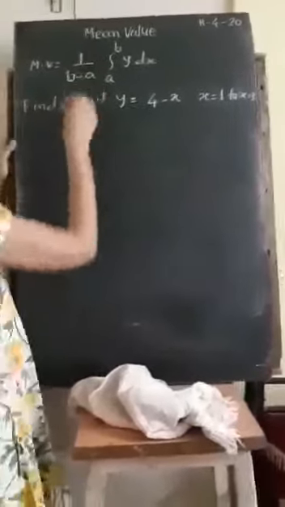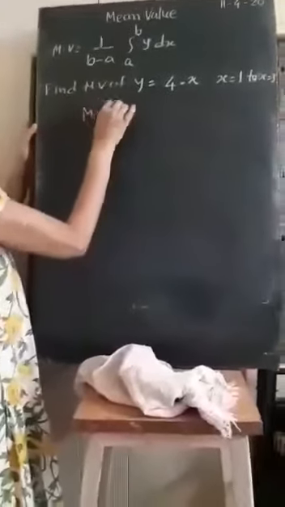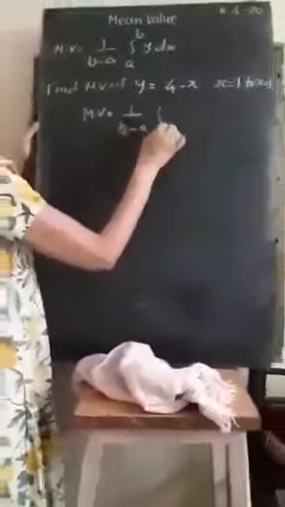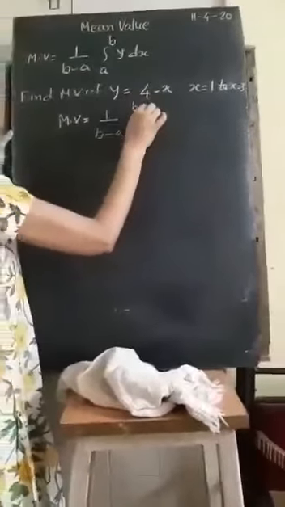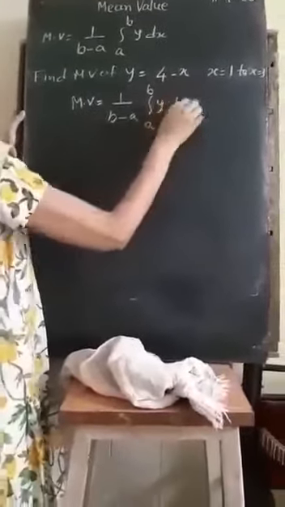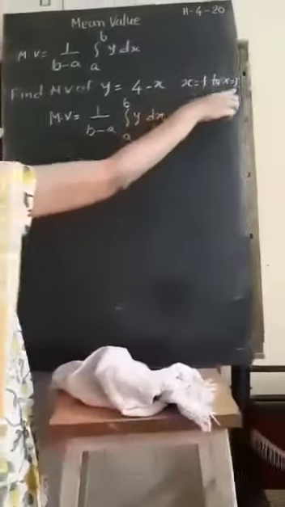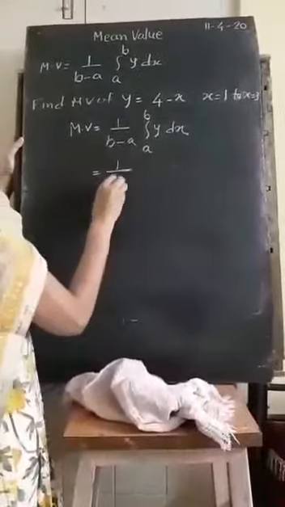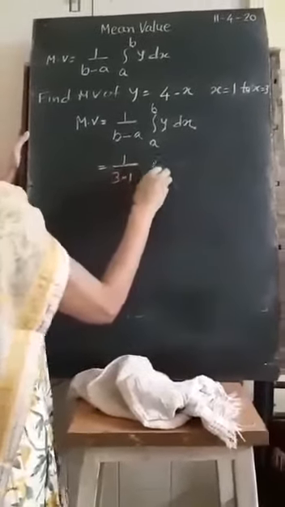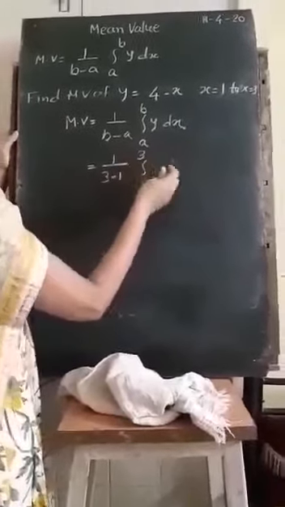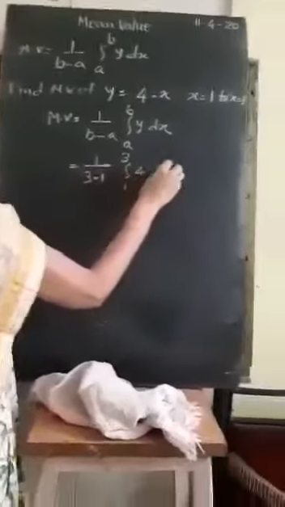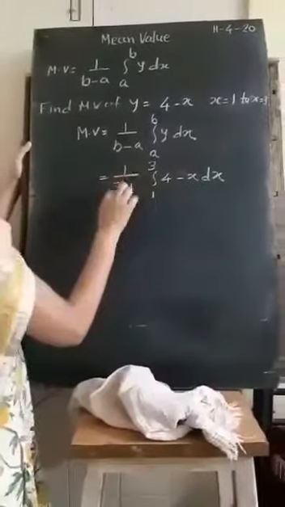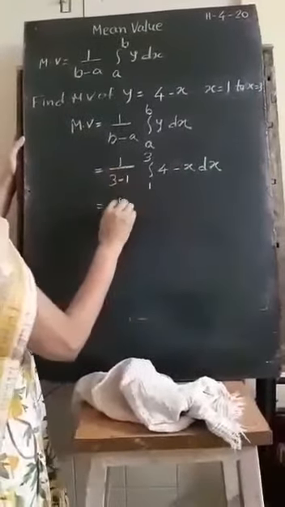So we have to again write the formula of mean value. 1 upon b minus a integration a to b y dx. What is b? B is 3, a is 1. So it will be 1 upon 3 minus 1 integration 1 to 3 of 4 minus x dx. 1 upon 3 minus 1 will be 1 by 2.